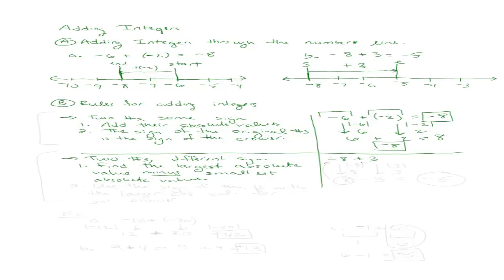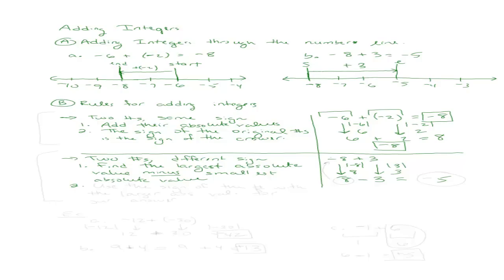Okay, so let's just figure out the absolute values before we worry about which one's bigger. So the absolute value of negative 8 is 8. The absolute value of 3 is 3. So which is bigger, 8 or 3? And it turns out that 8 is bigger. So we're going to take the bigger absolute value minus the smaller absolute value. So 8 minus 3. That's going to give us 5.